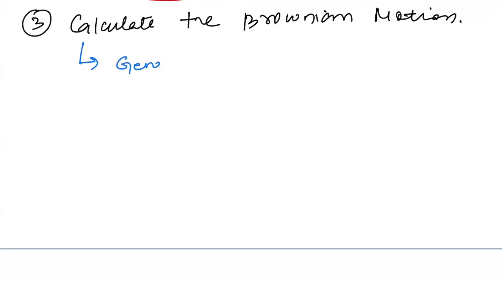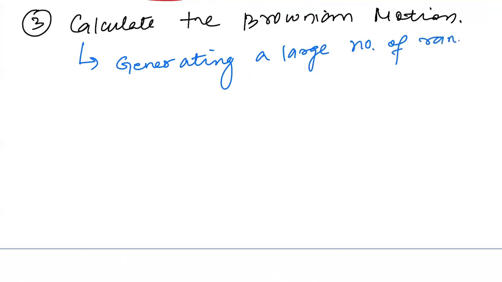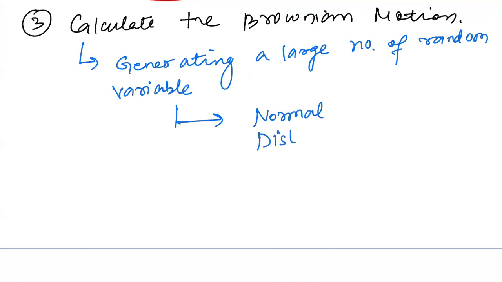Of course, when you generate a random variable, it has to be generated from some kind of distribution. In our case, let's assume we generate the random variable using the normal distribution.